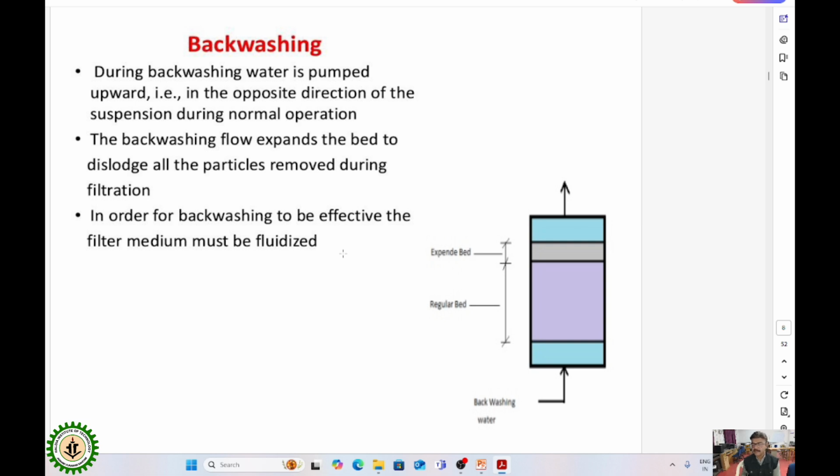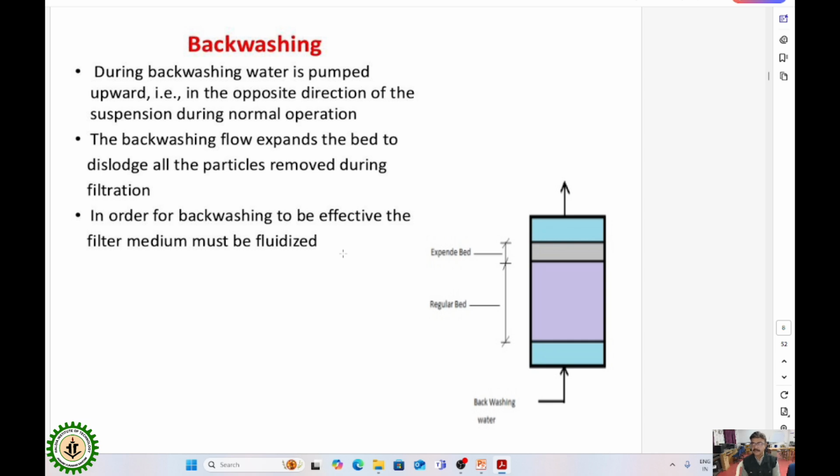Backwashing is actually done after filtration of the cake filter, like the plate and frame filter press. When the cake filter is exhausted, it is required to provide washing. Generally, the washing is performed in the opposite direction to the direction of filtration.